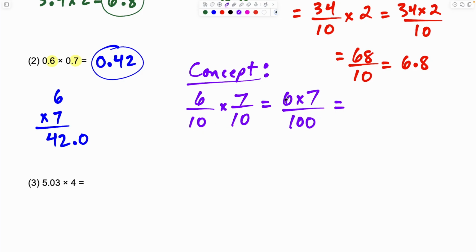So that's 42 divided by 100, or 42 hundredths, which equals 0.42. Or think of it as 42.0: when we divide by 100, the decimal goes 2 places to the left, giving us 0.42. So that's just another way of seeing this, and this answer is definitely correct.